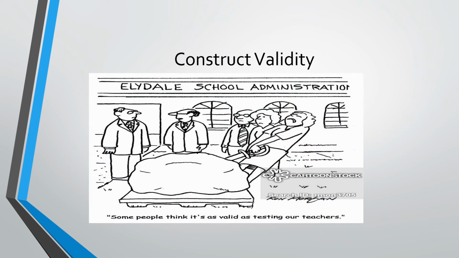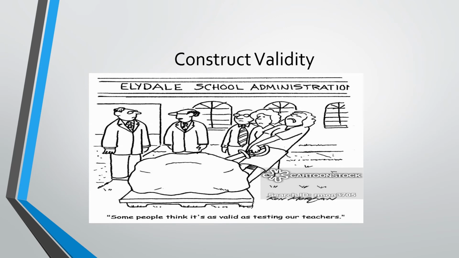Construct validity is how well theories, ideas, and behaviors are translated or transformed into a functional and operating concept. When demonstrating construct validity, there are six validity types: face validity, content validity, concurrent, predictive validity, convergent, and discriminant.